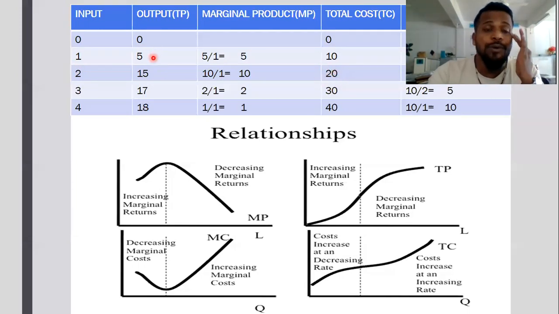But the total output increases by 10. Previously output was 5, now it is 15. That means the additional product he produced is 10 units.